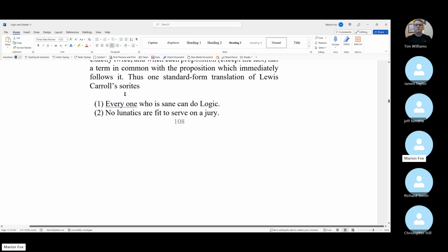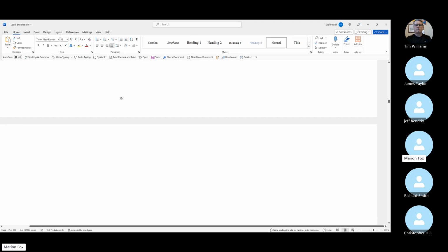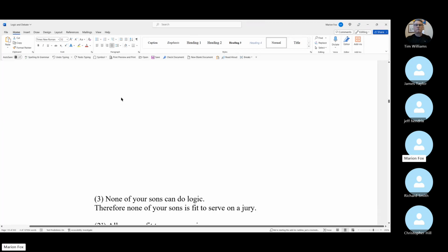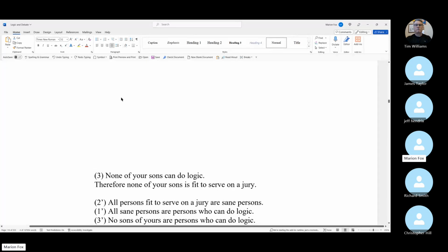Each one that is sane can do logic. No lunatics are fit to serve on a jury. None of your sons can do logic, therefore none of your sons is fit to serve on a jury. Now the problem with this argument is that it's a good argument, but it's not in the standard order.